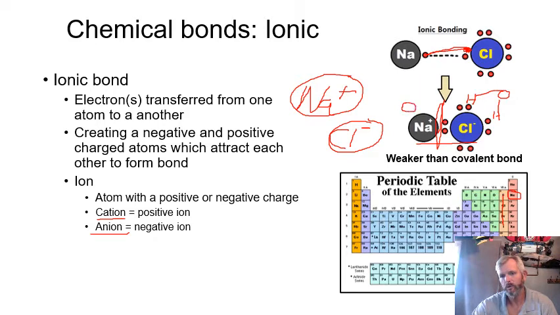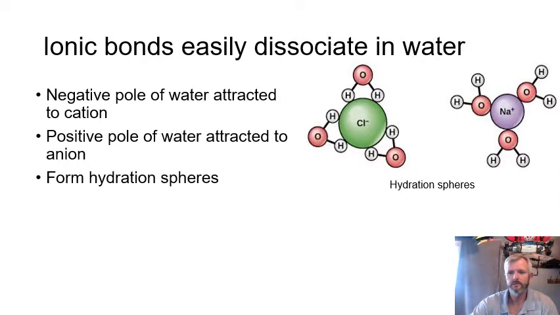Where's the negative pole of water? Oxygen side. So water is going to surround it, but in this case, the oxygen will be oriented towards sodium. Okay. So that's what we see here. We get what are called hydration spheres. These hydration spheres, the poles of the water, separate and ionize that sodium chloride into a cation and an anion.